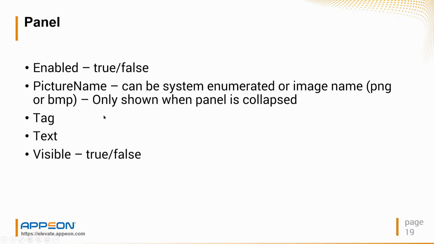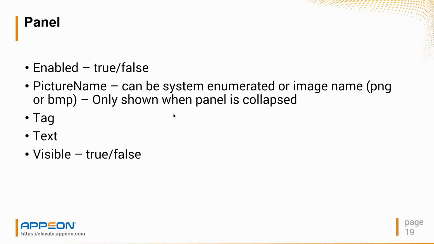Few of them aren't surprising. Enabled and visible properties. No surprise there. Tag and text. No surprise there. The picture name is rather unusual. What happens normally when you display the ribbon bar, the picture name would have no effect. What you would see are the items within the panel.